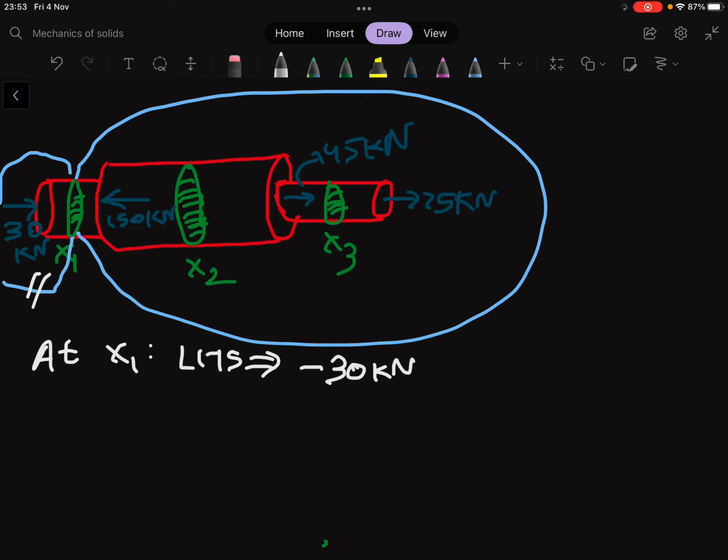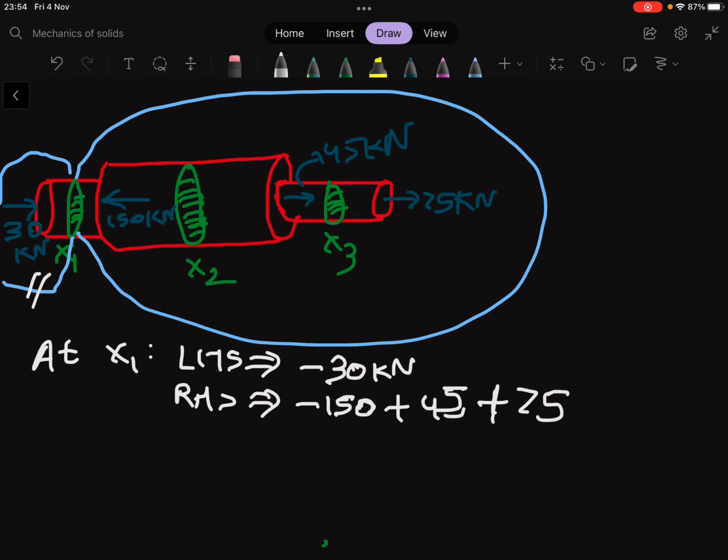Now if you want to verify this logic, consider the right hand side. On the right hand side we have compressive loading of minus 150 kilonewton. With sign convention we write plus 45 because it is tensile in nature, and plus 75 because of tensile nature at section x1.